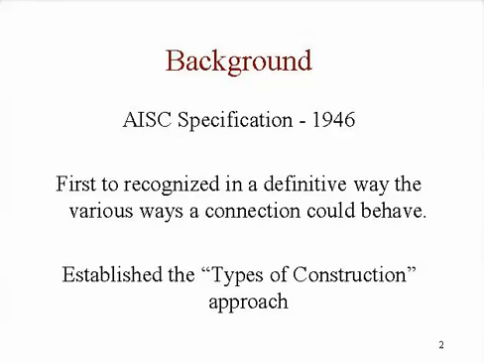In terms of background, the AISC specification first recognized in any kind of a definitive way the various ways for a connection to behave in 1946, and that's when the types of construction were first defined in our specification.